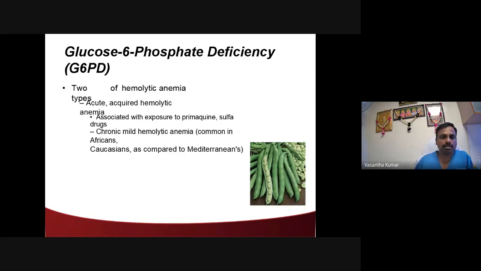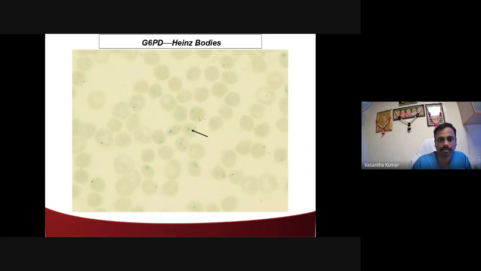It is associated with exposure to drugs like primaquine or sulfa drugs. Like the anti-malarial primaquine, if you use it in patients with G6PD deficiency, the patients will present with hemolytic anemia. Or certain beans, the fava beans: if the patient consumes this bean variety and has G6PD deficiency, the patient will present with hemolytic anemia.